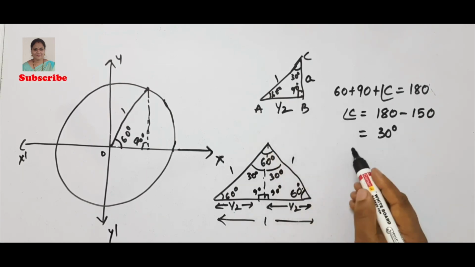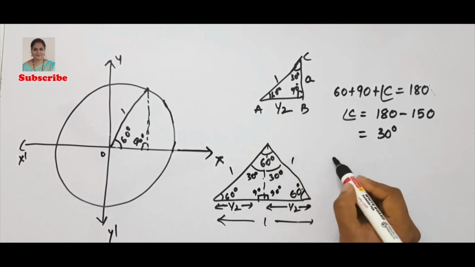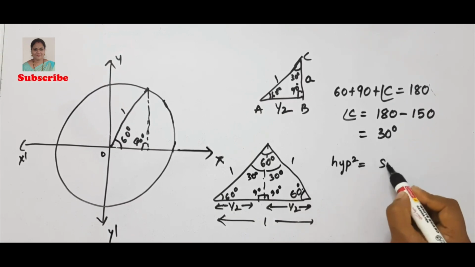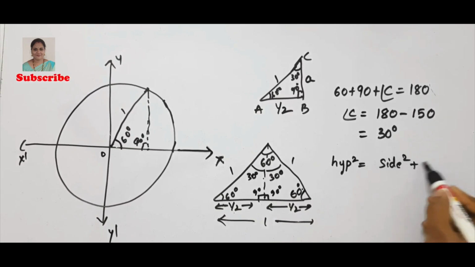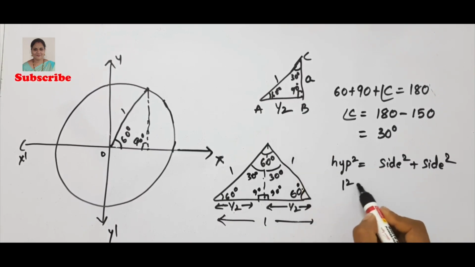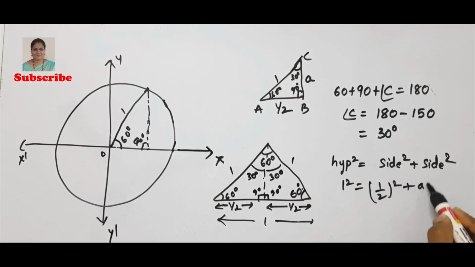So using the Pythagoras theorem, hypotenuse square is equal to side square plus side square. What is the hypotenuse? 1. So 1 square is equal to 1 by 2 whole square plus a square.